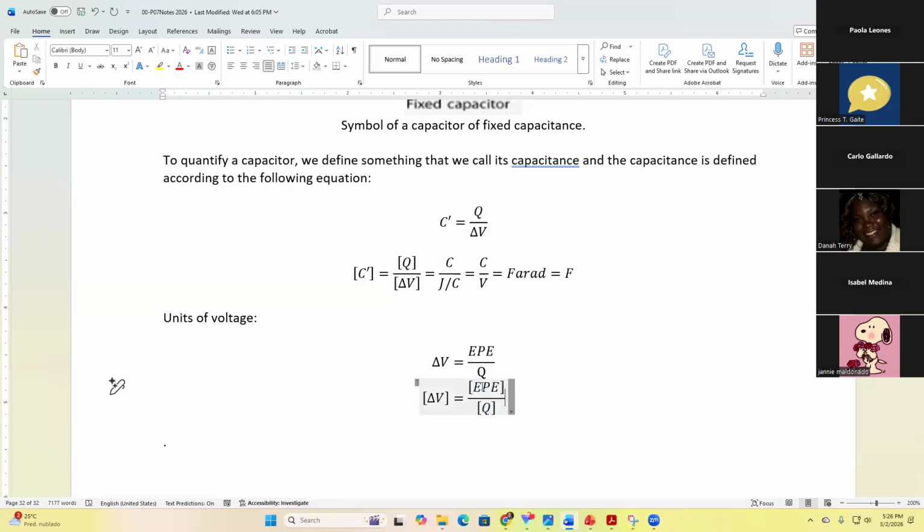The unit of electric potential energy is the joule, the unit of charge is the coulomb, and J divided by C is equal to the volt, abbreviated by the letter V.